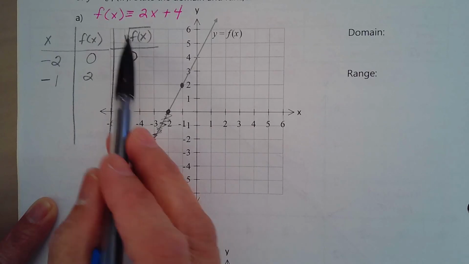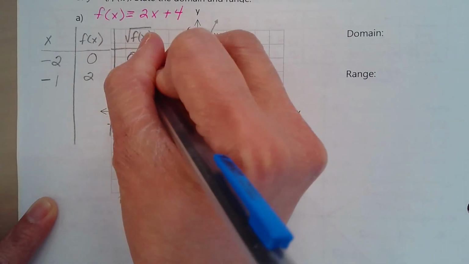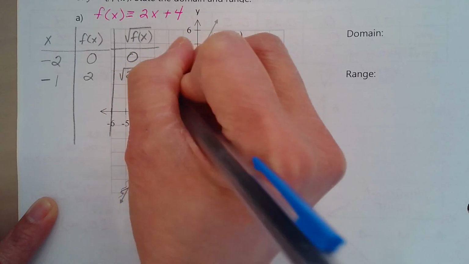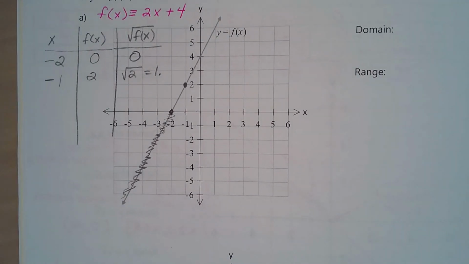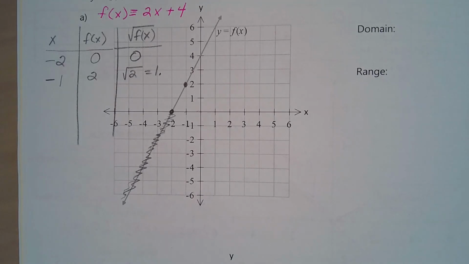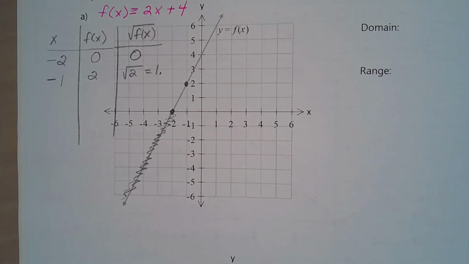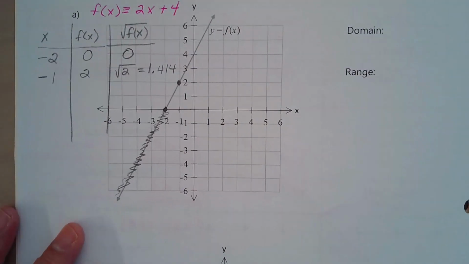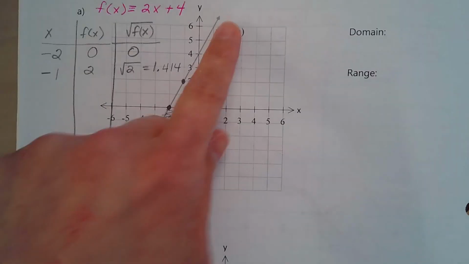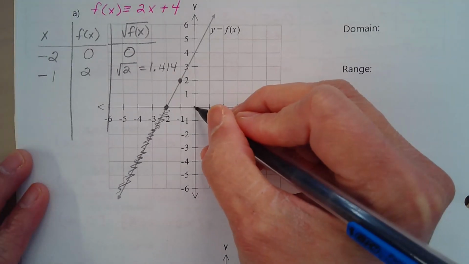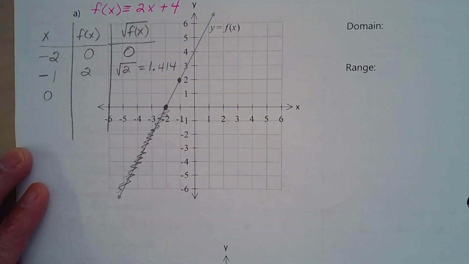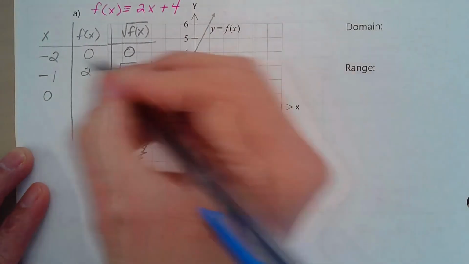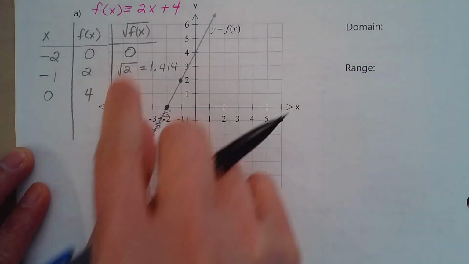Now, what's the square root of f of x? It's going to be the square root of 2. Here's my calculator. The square root of 2 is 1.414. Okay. What other points do you see on the straight line? If x is 0, y is 4, and f of x is 4.